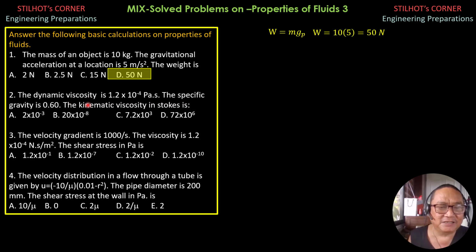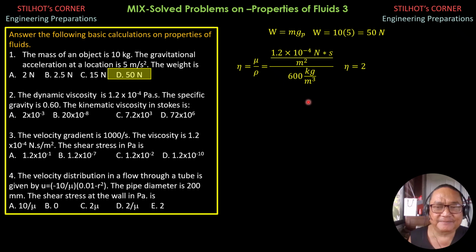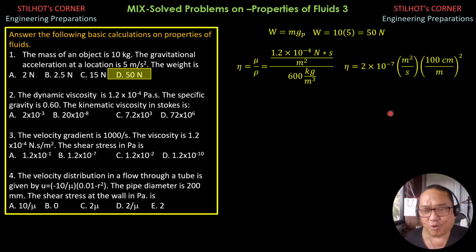So it is 1.2 times 10 to the negative 4 divided by 600, the density of the substance, and this gives unit of square meter per second. Then we change this to centimeter square per second so that the units would become units of Stokes.